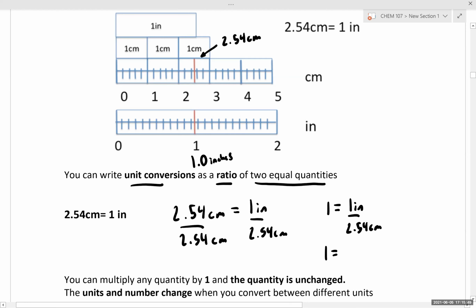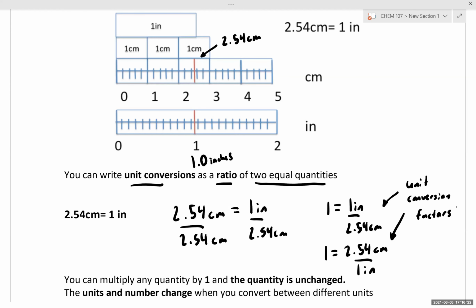We can also write the inverse ratio, where 1 is equal to 2.54 centimeters over 1 inch. These two ratios are our unit conversion factors, and we can use them to convert between two units of measurement.